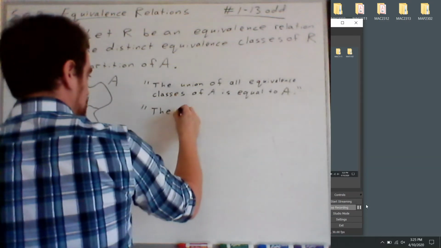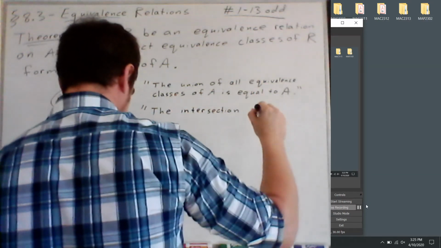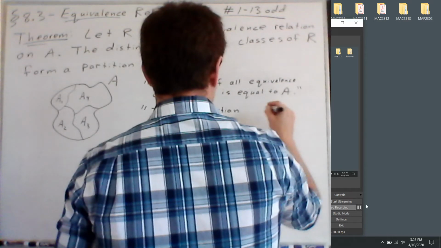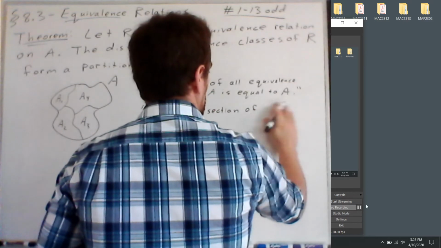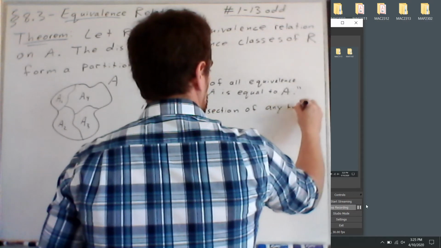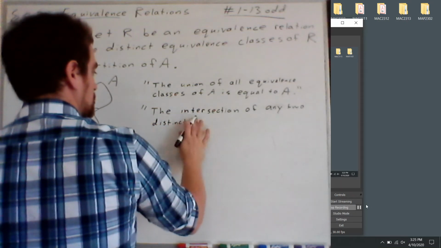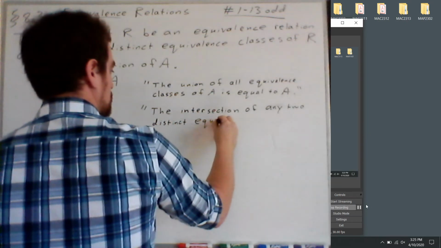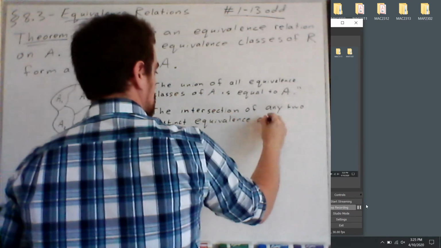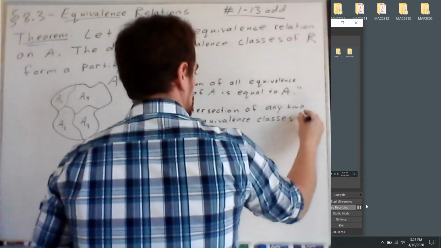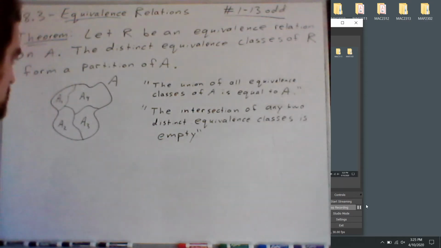So to say that the intersection of any two distinct equivalence classes is empty, i.e. the empty set, right?